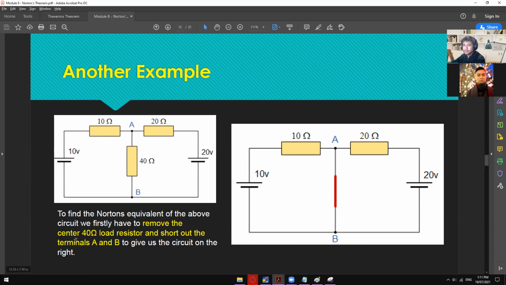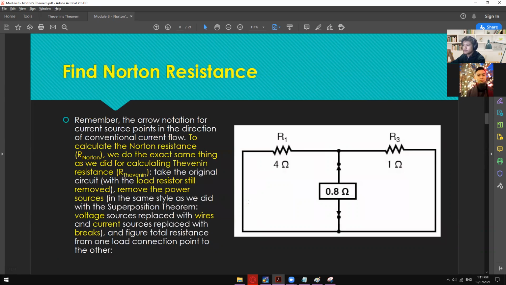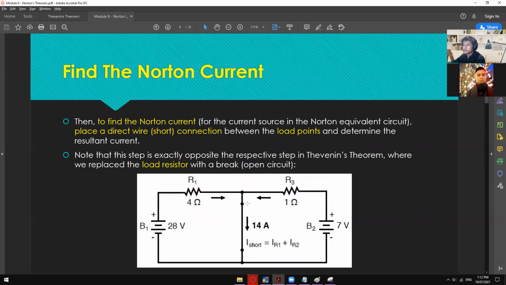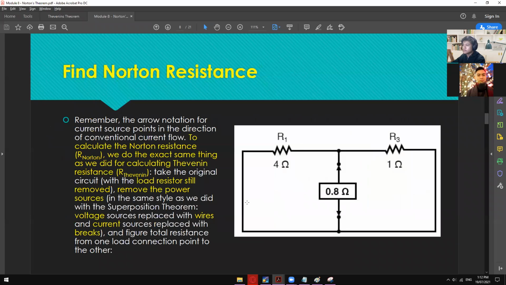Wait a second. Short out the terminals. What did we do in here? What are we looking for first? Just remove the power sources.